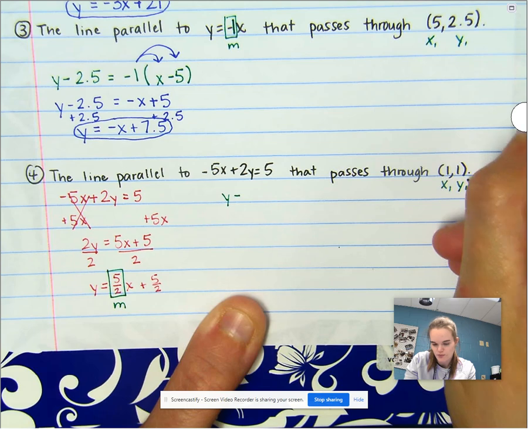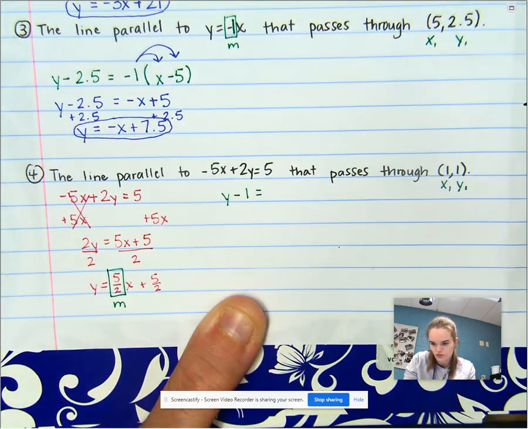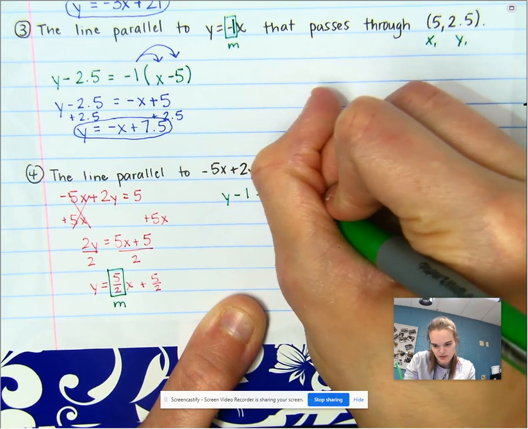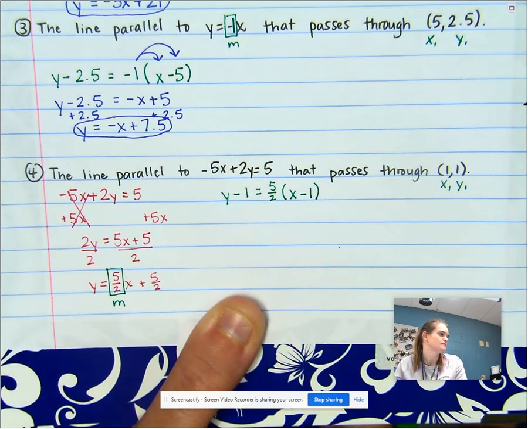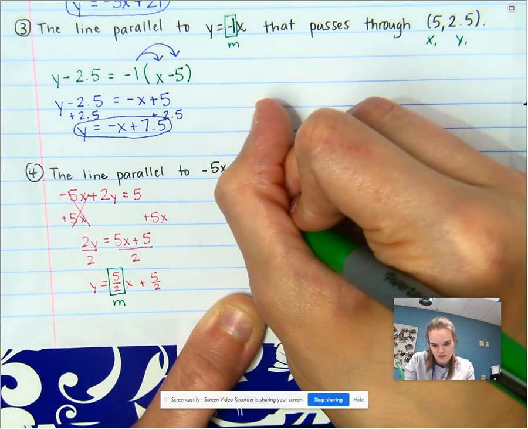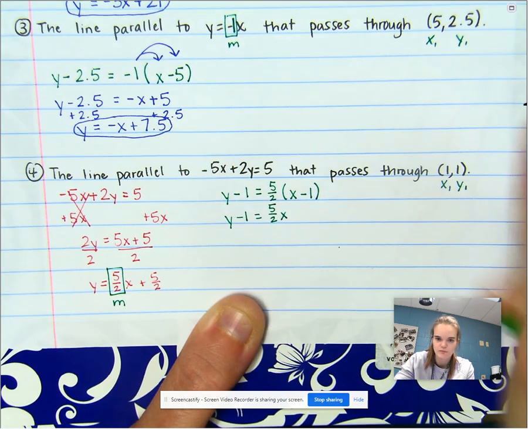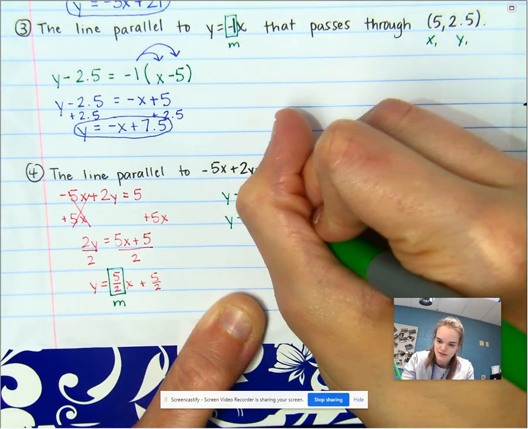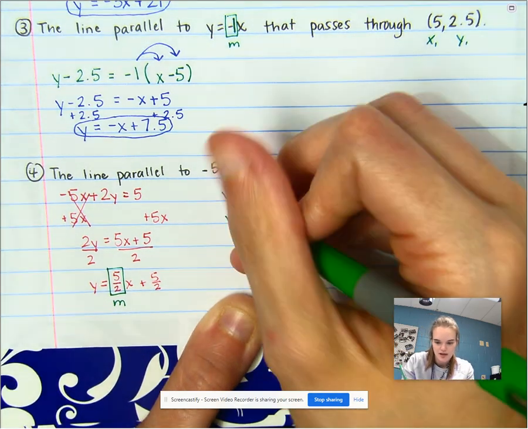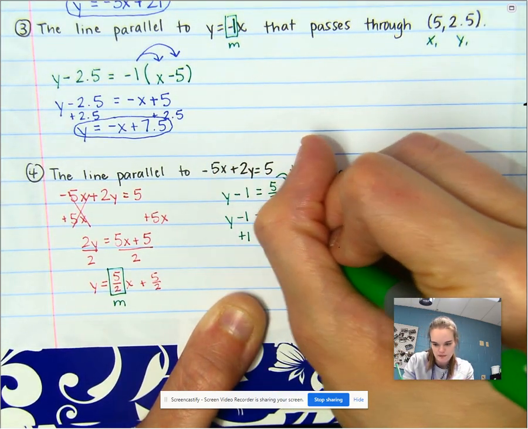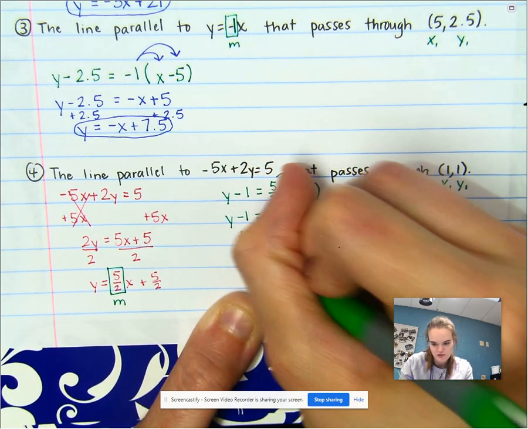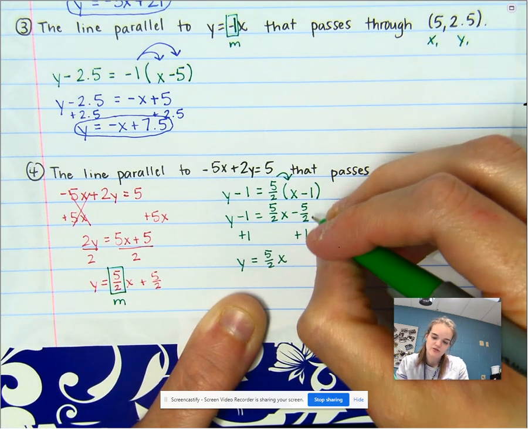Y minus 1 equals 5 over 2 times x minus 1. Y minus 1 equals 5 over 2x, because I distributed, minus 5 over 2. Add 1. Y equals 5 over 2x, negative 5 over 2 plus 1.